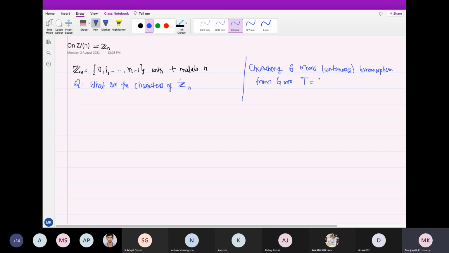T, you may remember, is the circle group with multiplication, so it's a multiplicative group.